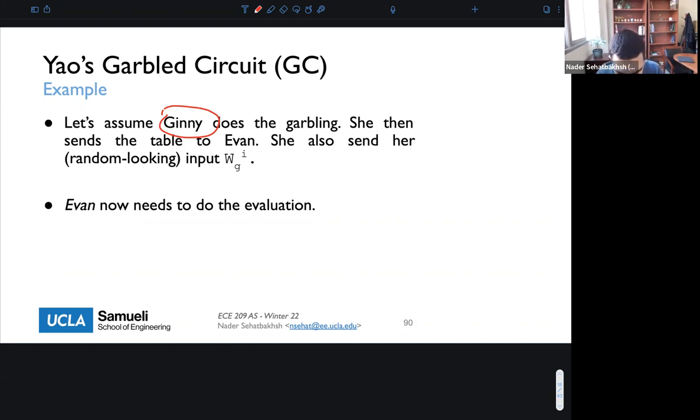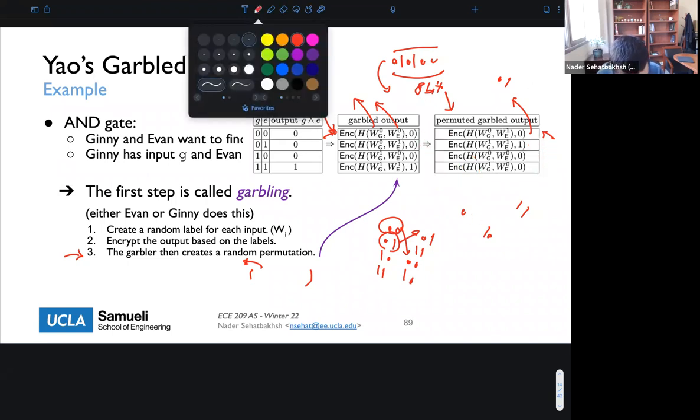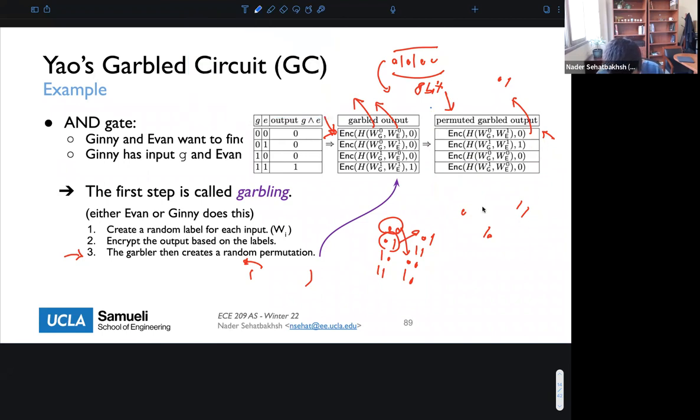Then she's going to send this permuted table to Evan, right? So basically 4 values she's going to send.